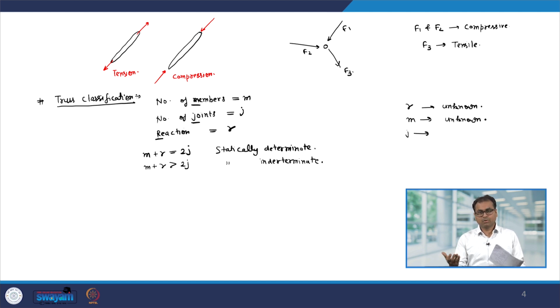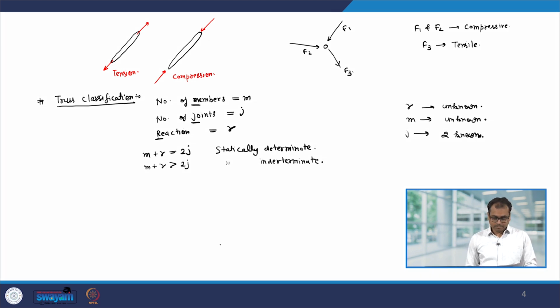Therefore, there is no force acting in the z direction. So, there are 2j equations, and note that the moment equation we cannot use because this structure does not support the moment. So, there are 2j equations and R plus m unknowns. Therefore, if m plus R is equal to 2j, only then do we have sufficient equations and we can determine all the forces that are acting on the truss.